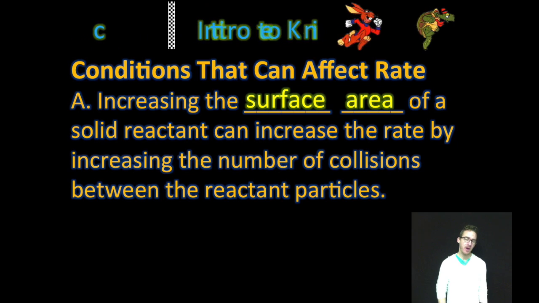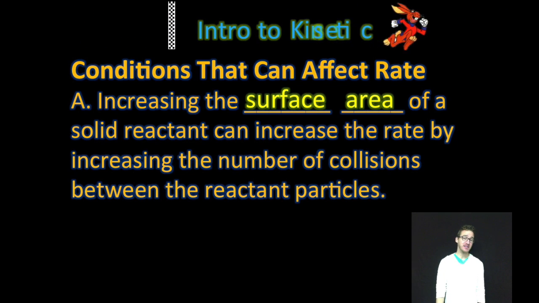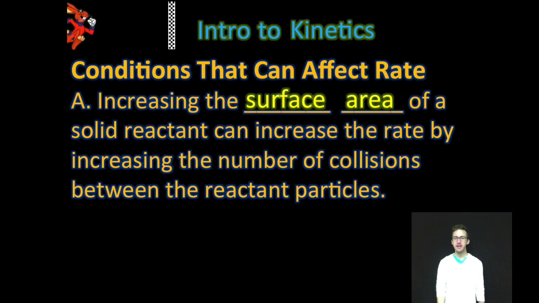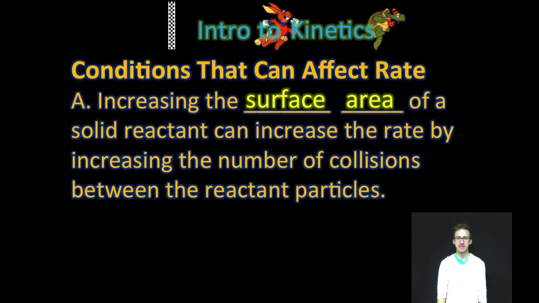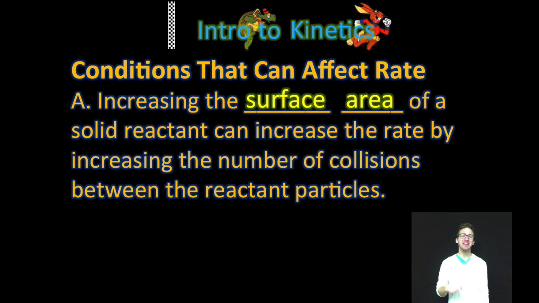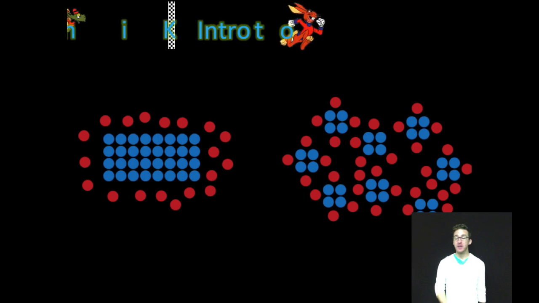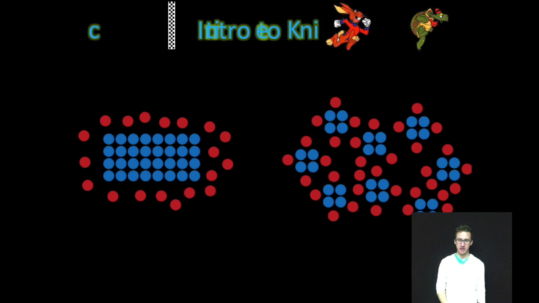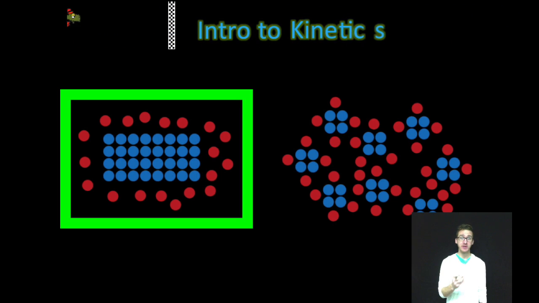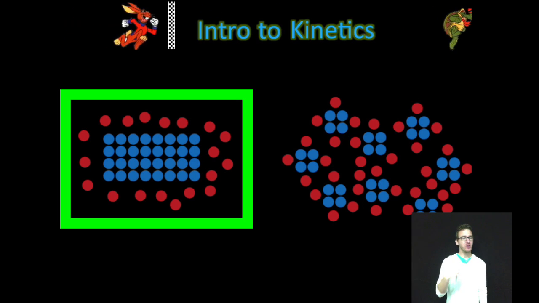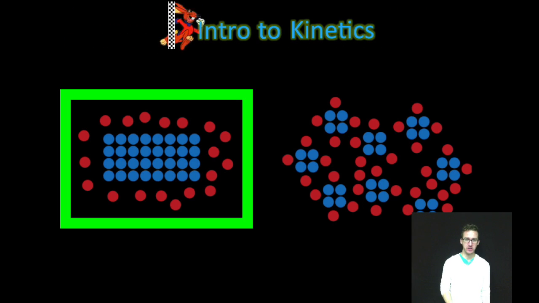First, let's talk about 4 factors that can affect the rate of a chemical reaction. Number 1, increasing the surface area of a solid reactant can increase the rate by increasing the number of collisions between the reactant particles. Take a look at this thrilling image that's on your screen. On the one side, you've got a solid reactant in blue that's all stuck together, very small surface area. So the surrounding red reactant particles can only attack or react on that small outside surface area.